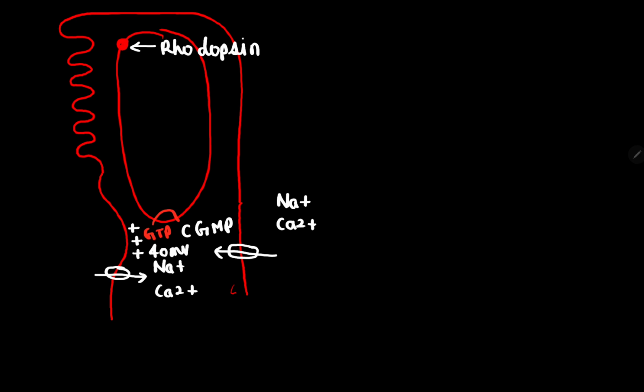GTP will convert into cyclic GMP, synthesized by guanyl cyclase, an enzyme present in the membrane. Cyclic GMP will come and bind with all these pumps, and the pump will allow sodium ions and calcium ions.